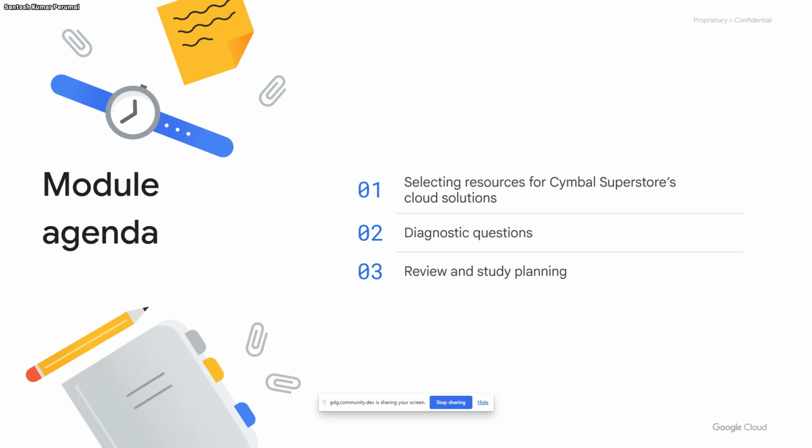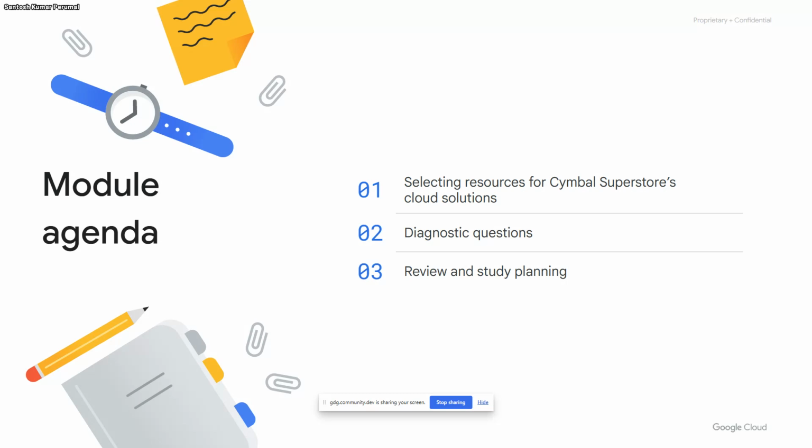So the module agenda is split like this: in this module we explore the scope of the task, which is mainly on planning and configuring the Symbol Superstore cloud solutions, corresponding to the section accordingly. We'll start by discussing some considerations for how you decide on different kinds of resources.